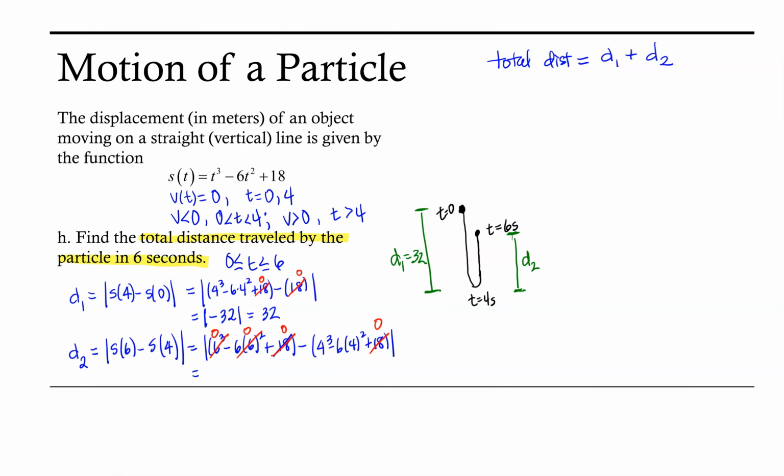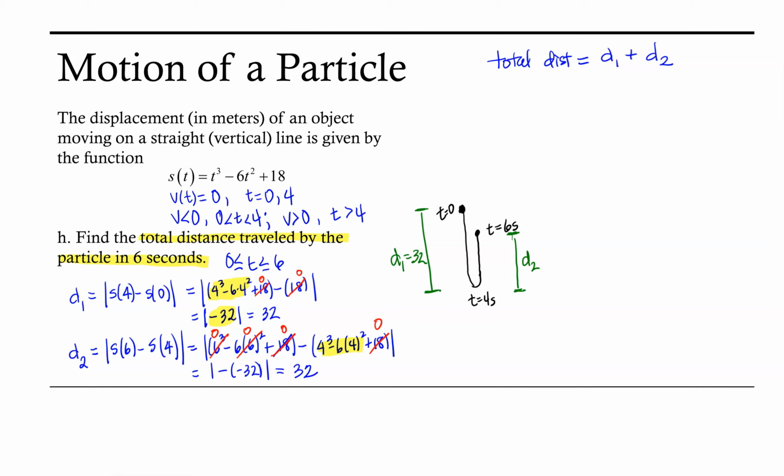Notice that this 4 cubed minus 6 times 4 squared is the same as this, which was negative 32. So we're going to have the absolute value of the opposite of negative 32, which is simply 32.